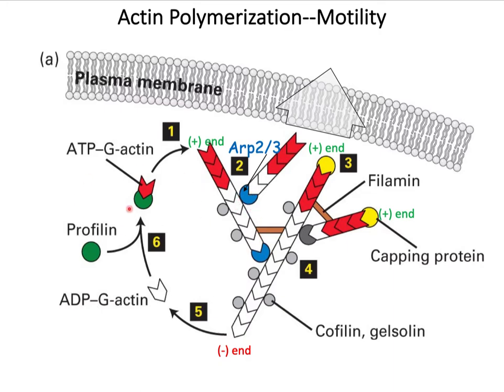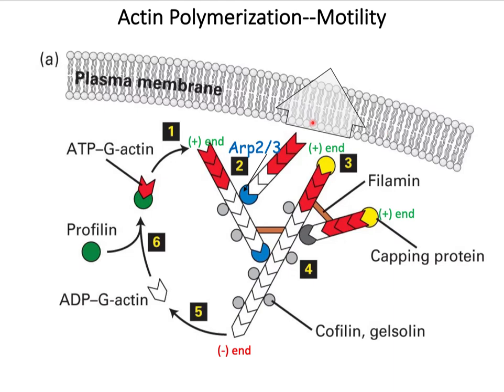Here is profilin in green that is charging the ADP-G-actin that is coming off the minus end. And profilin is making the ATP-G-actin, so you can get further growth at the plus end. The forces generated by the growth of all these branches will push the membrane forward. This is all happening at the leading edge.